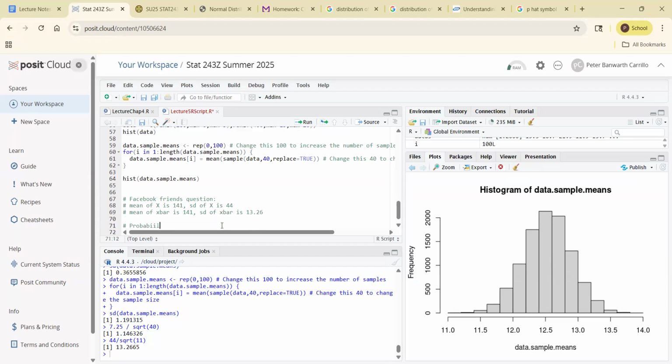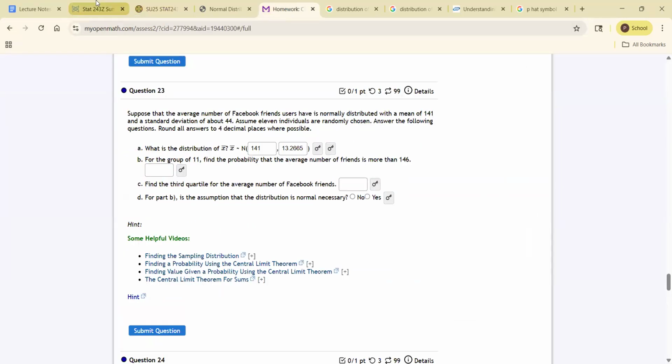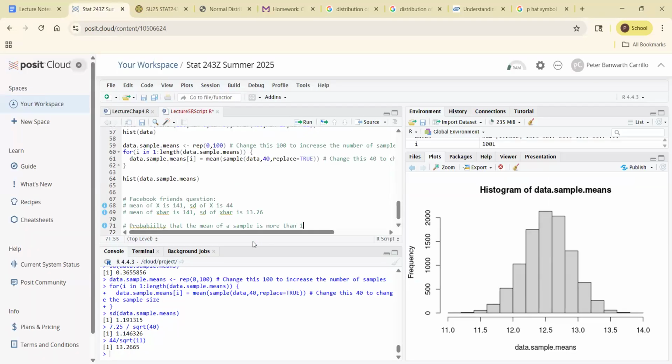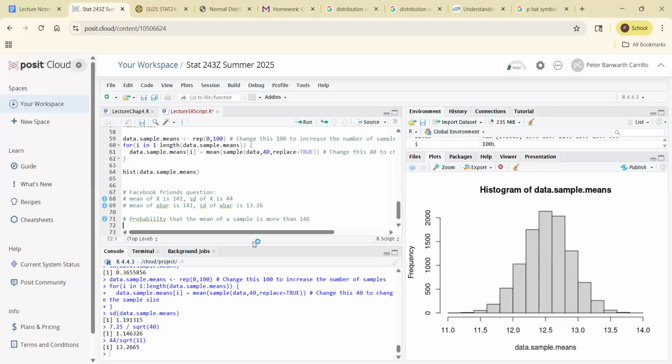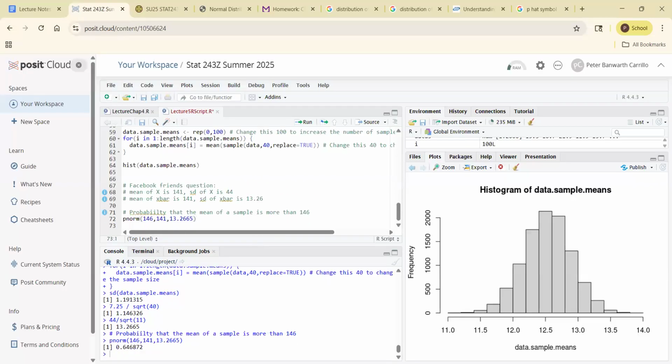And now I want to know the probability that the mean of any given sample is 146 or more. So for that, I can do p-norm. 146, the average is 141, and the standard deviation is 13.26. And that probability is 64%.